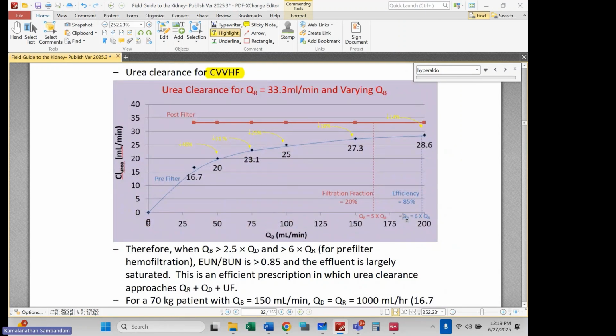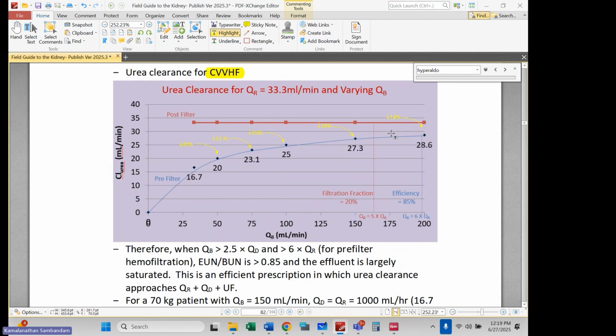So my blood flow rate is dropping as I go down this direction in this figure, and I'm losing urea clearance as my blood flow rate drops. That loss of efficiency arises from an EUN to BUN ratio that is dropping, and so my urea clearance becomes a smaller and smaller fraction of 33 mils per minute.